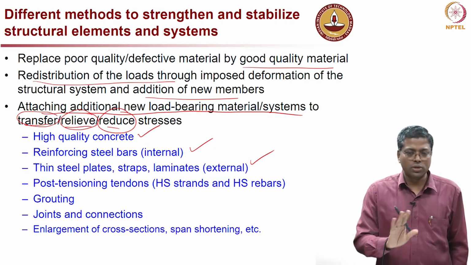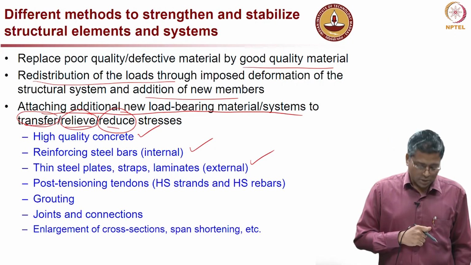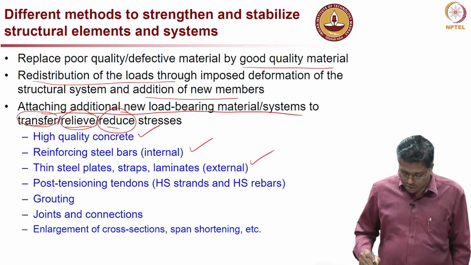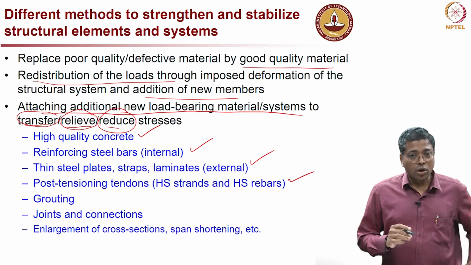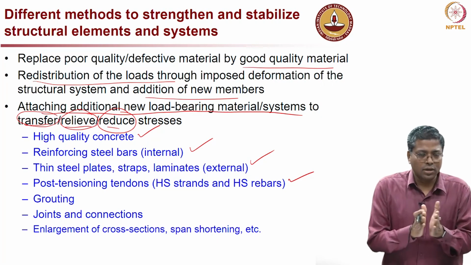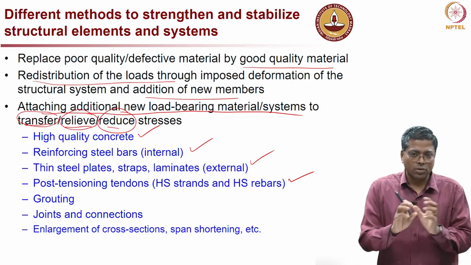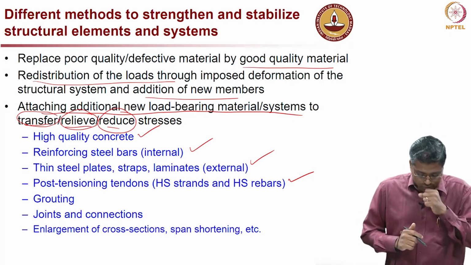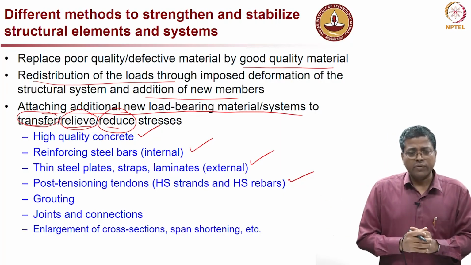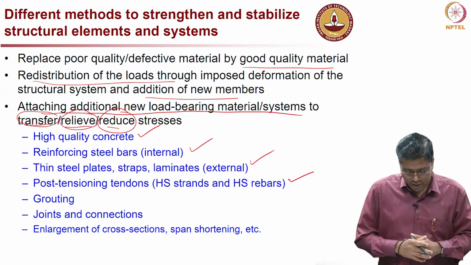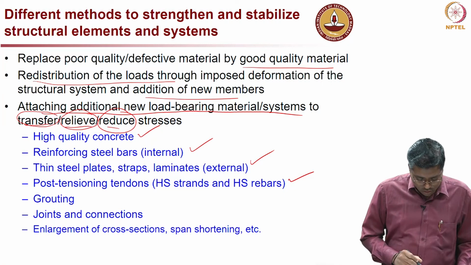They are glued to the concrete surface, and then post tensioning tendons which are external but not in direct contact. So, they are post tensioned with some anchorage points and deviator points. I will discuss all that also later.